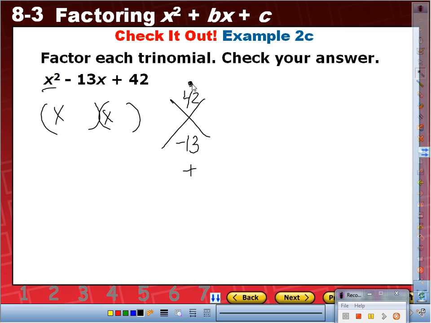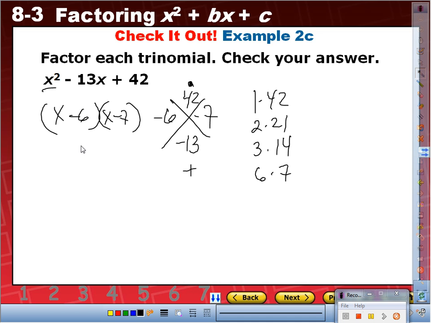Stop what you're doing and focus. So my factors of 42 are 1 times 42, 2 times 21, 3 times 14, and 6 times 7. So which one of those, if you add or subtract, gives us something close to 13? 6 and 7, and both of them are negative, so this is -6 and -7.